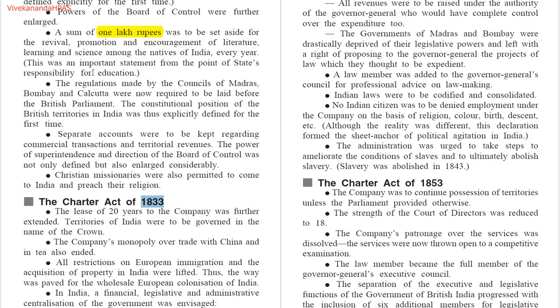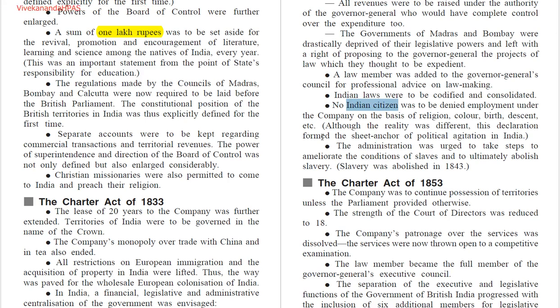Now see the situation. Education, and Indian citizens should be included in 1833. But although this was a declaration, it was hugely contested by the Board of Control. The Board of Control said that we cannot let Indians sit equal to us. So what will we do? We will object.